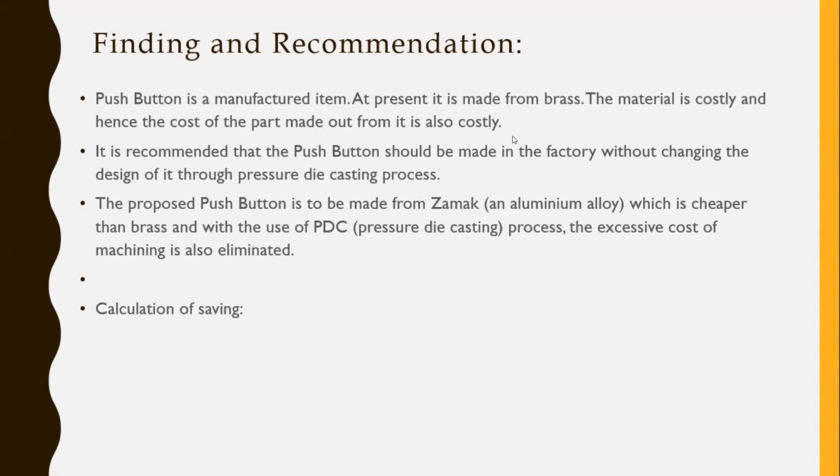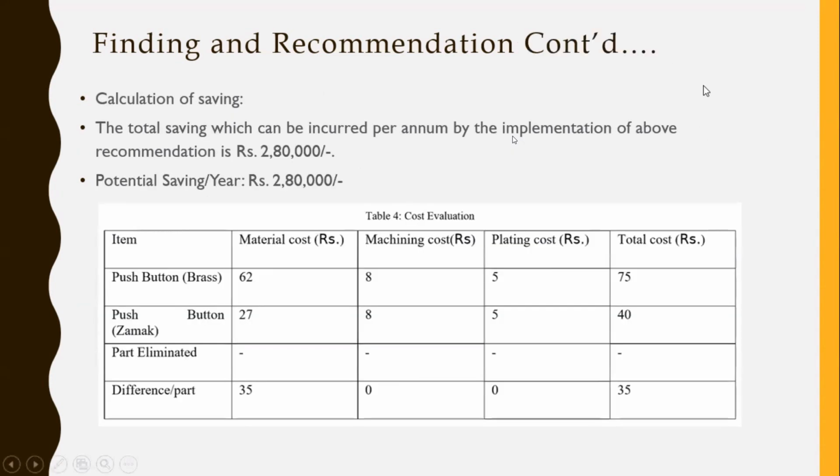The proposed push button is to be made from CEMEC, an aluminium alloy, which is cheaper than brass, and with the use of PDC, pressure die casting, the excessive cost of machining is also eliminated. So calculation of saving, you can see.